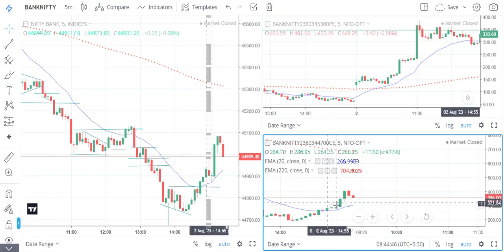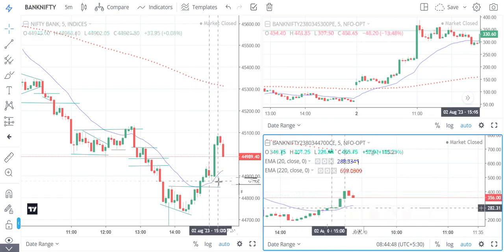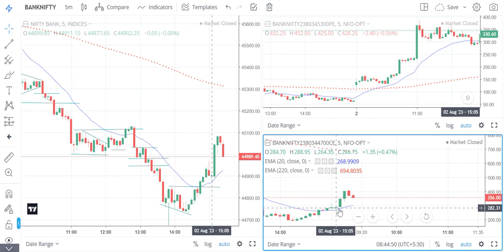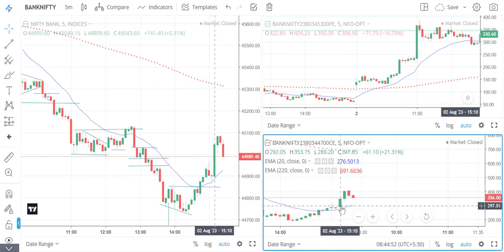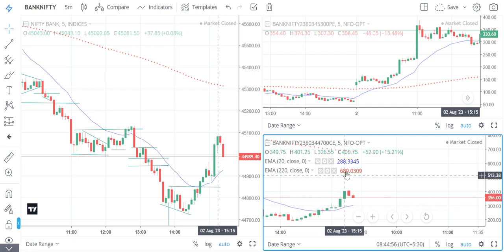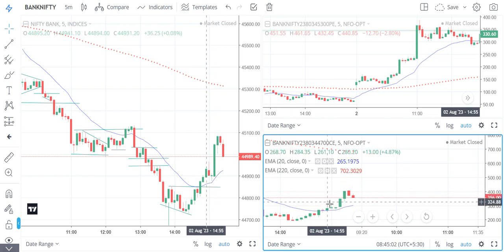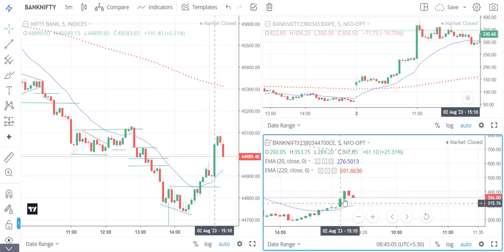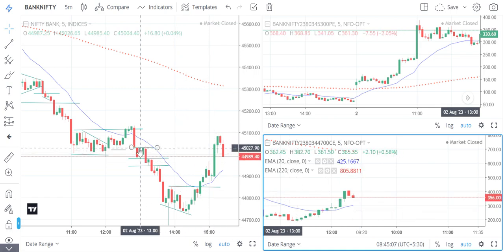See, there are some surprises, like look at the body of this bar and the option chart. If you compare these two bars, then the body of this bar should be greater than the body of this bar. Sometimes what happens, this is a strong breakout, and as we discussed, this is the entry bar.